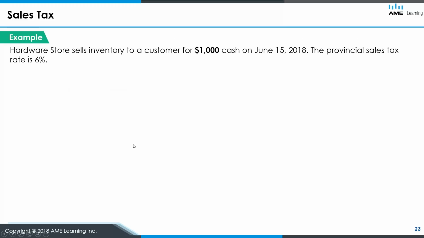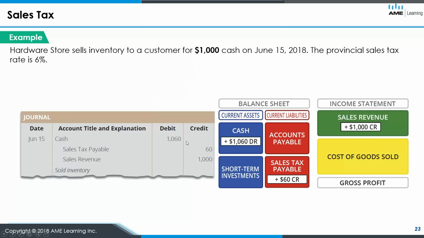So here we've got an example problem. If we sell inventory to a customer for $1,000 cash on June 15th, and we've got a sales tax rate of 6%. So 6% of 1,000 is $60. And so we're going to have to collect $1,060 from the customer, not just the revenue.